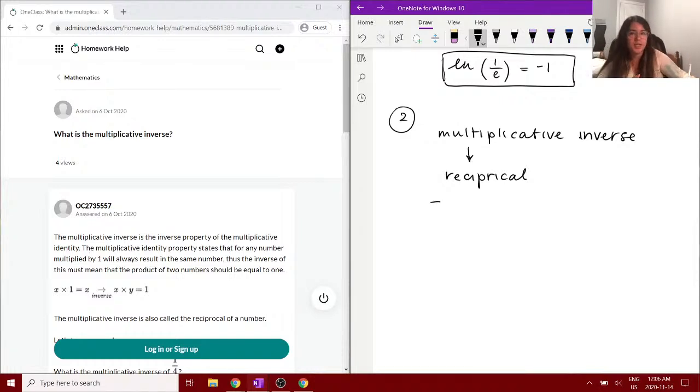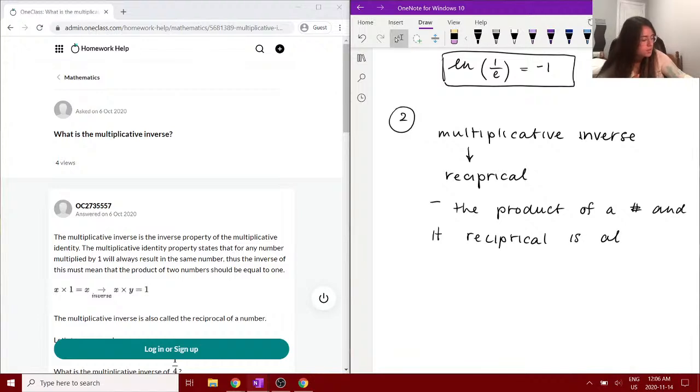So basically what that is, is the product of a number and its reciprocal, I'm going to write reciprocal, it's easier to write. So the product of a number and its reciprocal is always equal to 1.